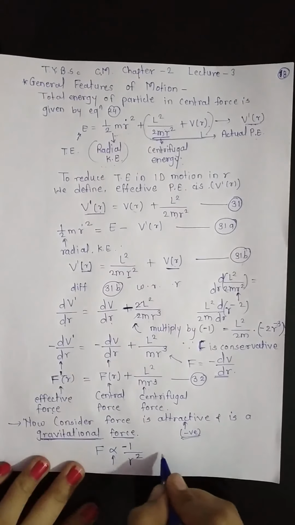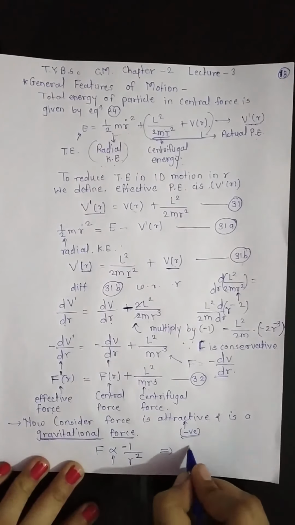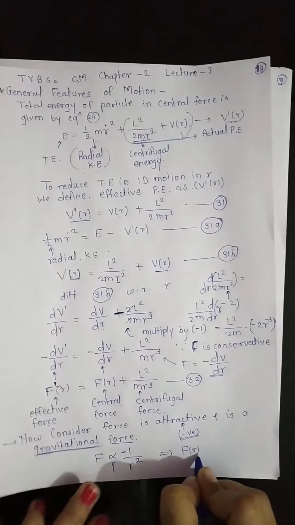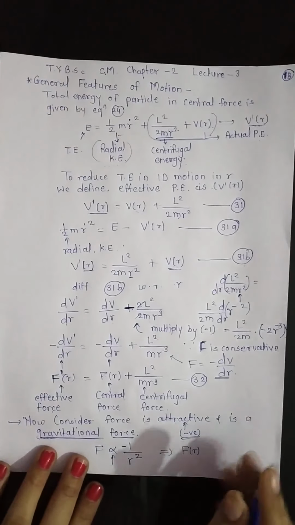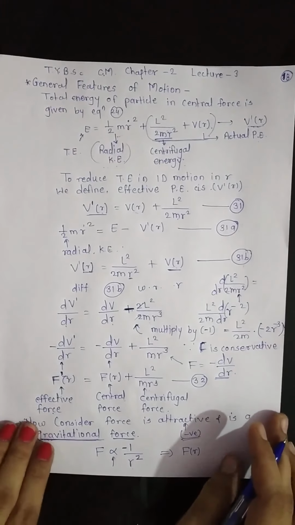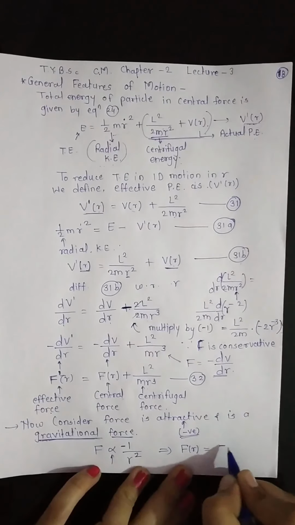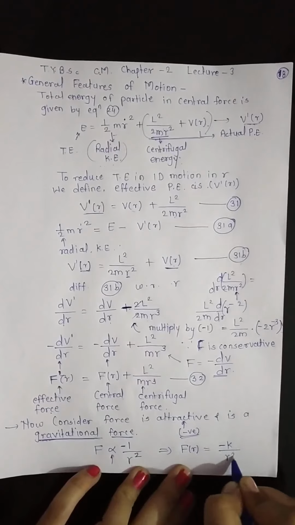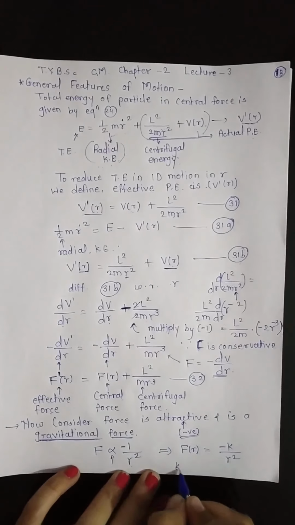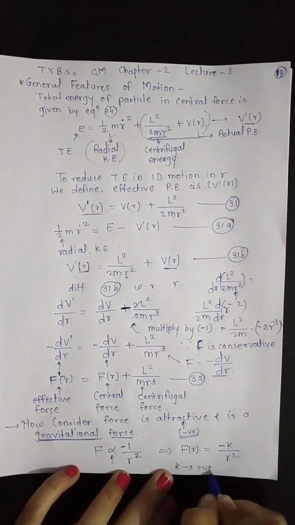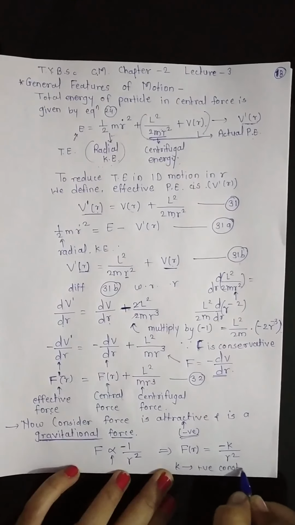So to remove that proportionality, this is always a function of r, since it is a central force. So F of r will be equal to minus K upon r square, where this K is always a positive constant.